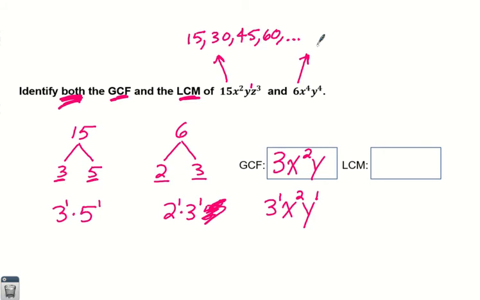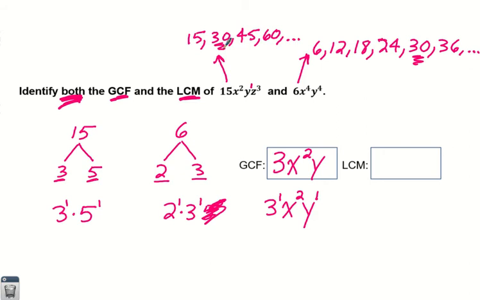And then for 6, it would be 6, 12, 18, 24, 30, 36, and then keep going forever. Then you compare those lists and think, okay, what's the least common multiple? What's the smallest multiple that they both have? And you're going to see that it's 30.